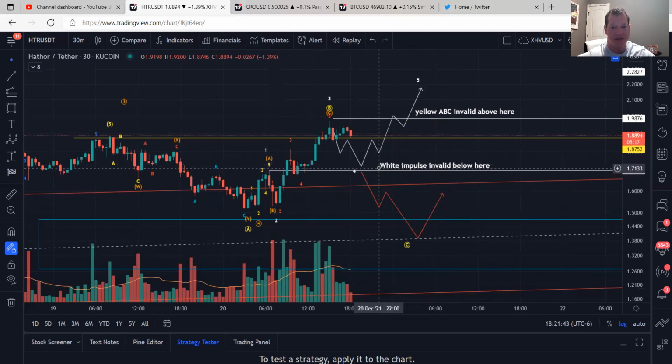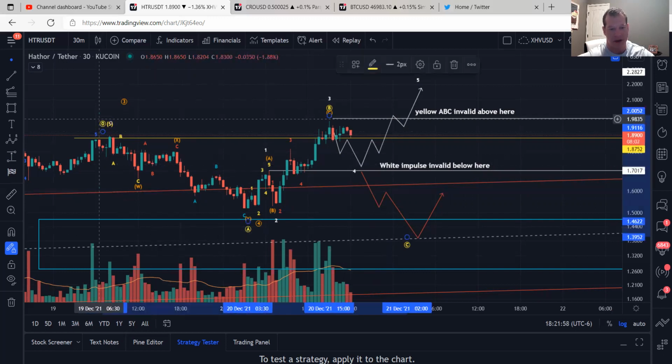So I would put my stop loss below that line right there at $1.70, because the other potential that we have right here, guys, is still a WXY being an A wave. So that means you've got a 3-wave A down, and then a 3-wave B up, which could be this.